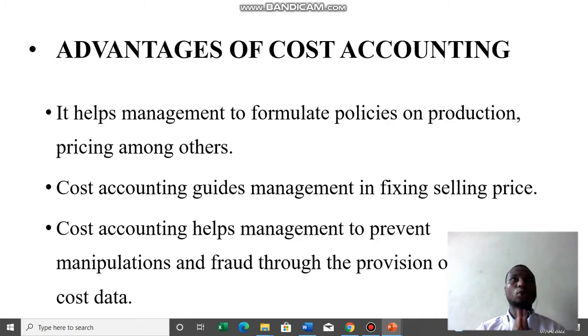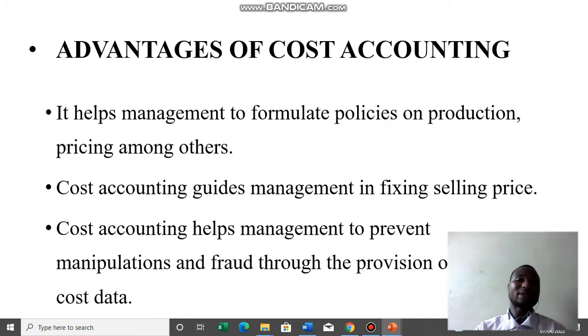Then we are also saying that cost accounting helps management to prevent manipulations and fraud through the provision of reliable cost data. You are able to prevent manipulations and fraud because we are able to have proper cost data. And when you have the proper cost data, you check to ensure that people don't overspend. Some people would of course overestimate costs.